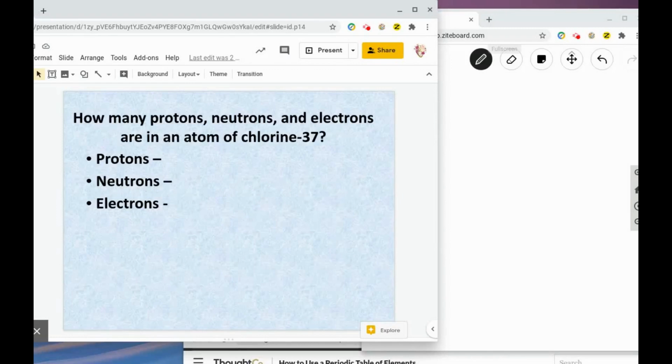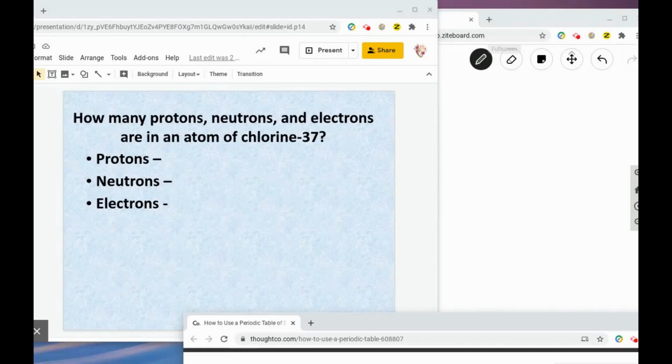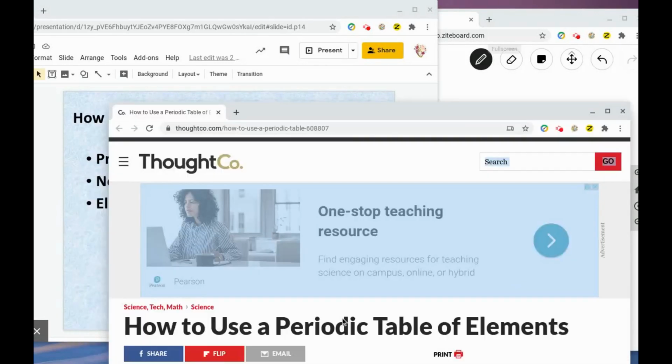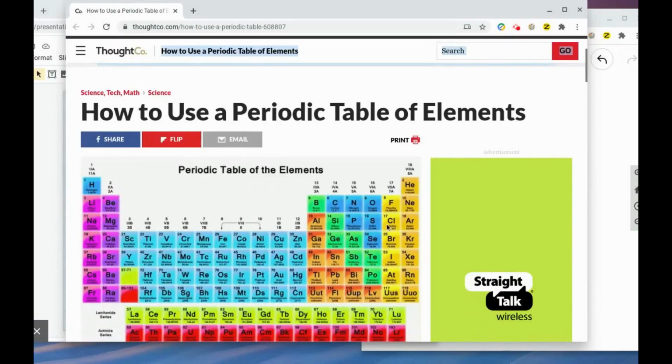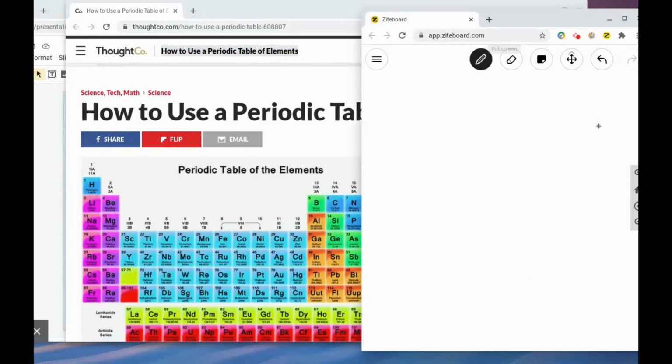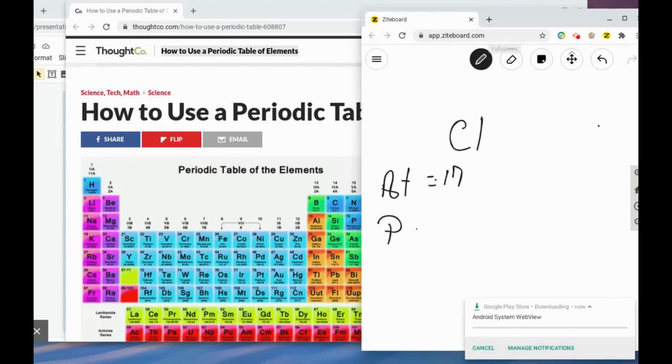So if we look up chlorine on our chart, chlorine has 17 for the atomic number. So chlorine has an atomic number of 17. That's our number of protons.